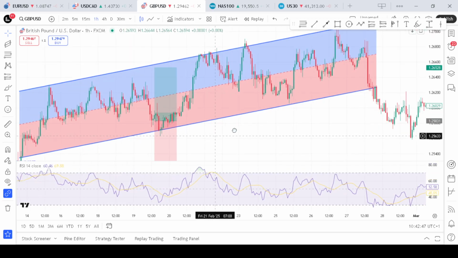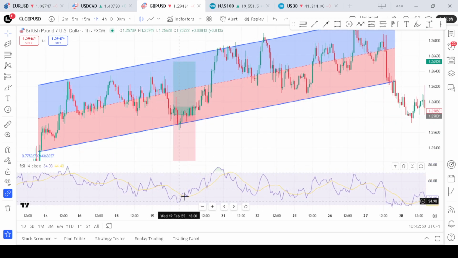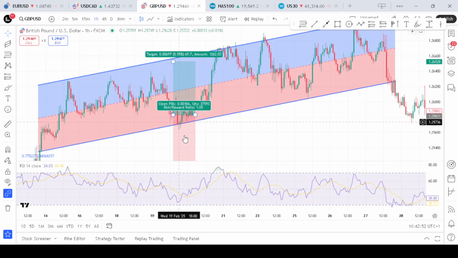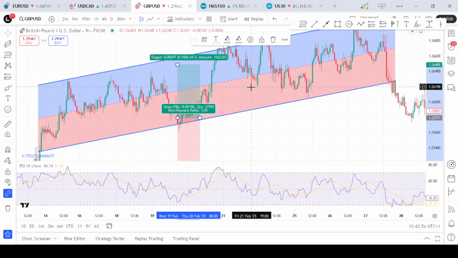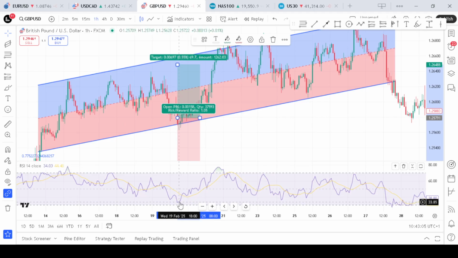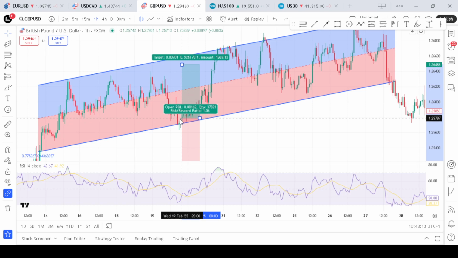So remember, when we are trying to take a trade from the lower boundary of our linear regression channel, we will enter the trade when we confirm from the RSI that it is in an oversold region and it is below 30. When we spot that it's below 30, we enter the trade at the lower end. You can wait for a bullish candlestick confirmation.